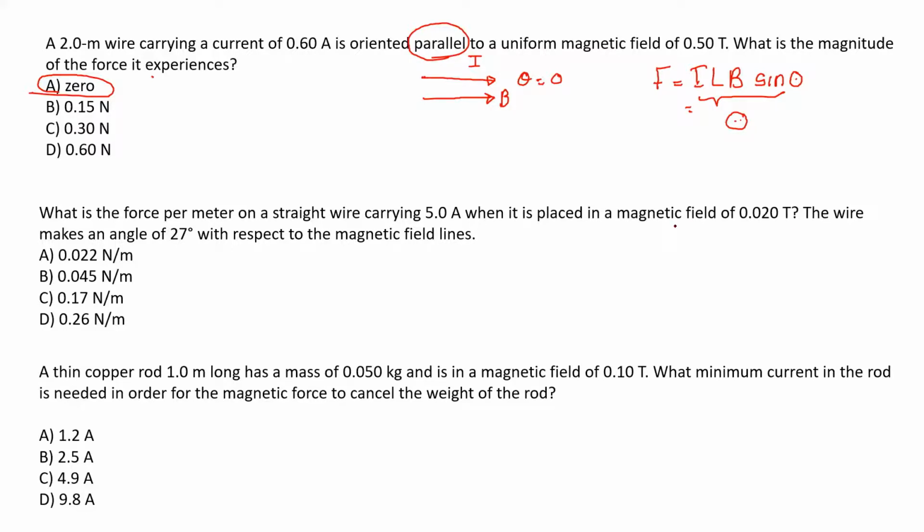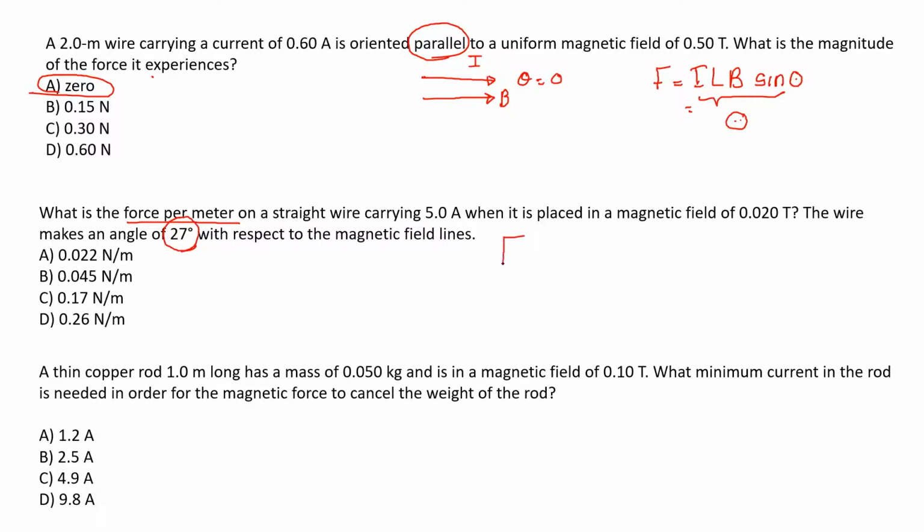Okay, so the second one. They are asking, what is the force per meter? They're asking force per length, right? Okay, let's say we don't know what that is. Let's do the problem in a normal way and figure out that part at the end. They have given us the current, the magnetic field and also the angle, right?